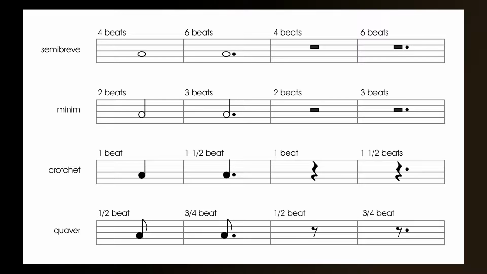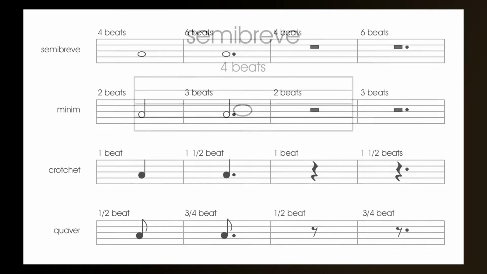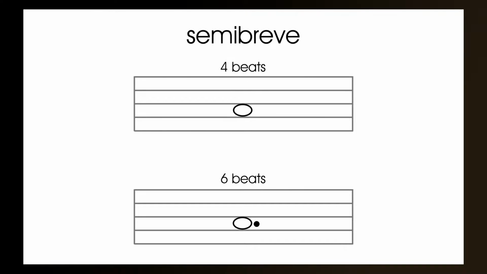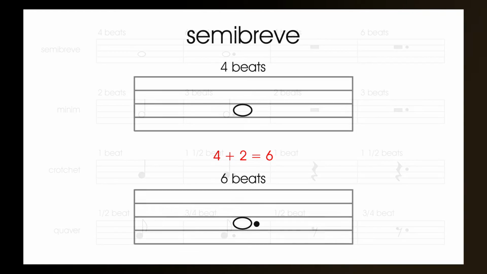It's a little confusing, but once I show you, you'll understand it's quite clear. So if we get a semibreve, which we know lasts for 4 beats, and add a dot onto it, it now lasts for 6 beats. Because the semibreve was 4 beats, half of that is 2 beats, and the total is 6 beats.